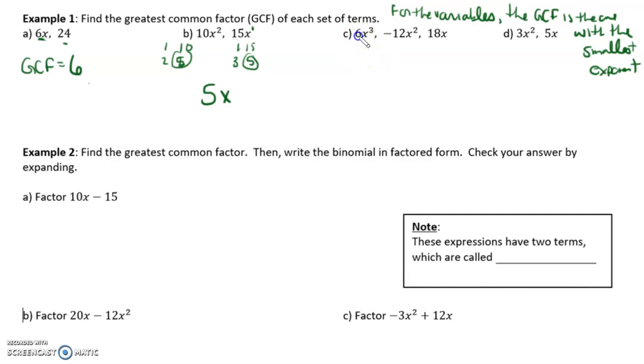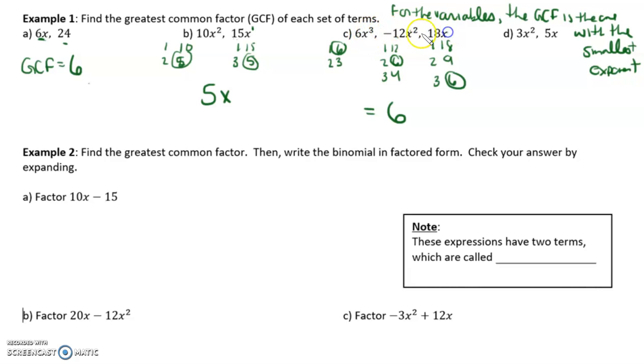Now the factors of 6 are 1 and 6, 2 and 3. 12 is 1, 12, 2, 6, 3, 4. 18 is 1, 18, 2, 9, 3, 6. Looking at these three, I see that the 6 is common. Now we take a look at the variables.